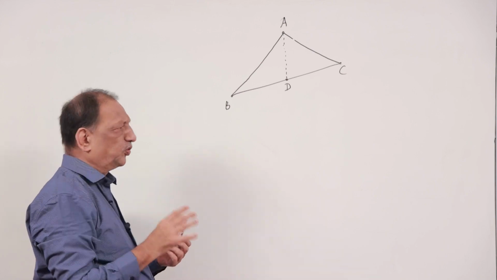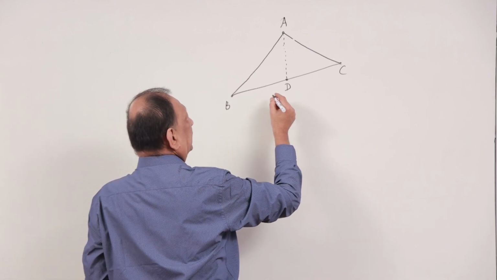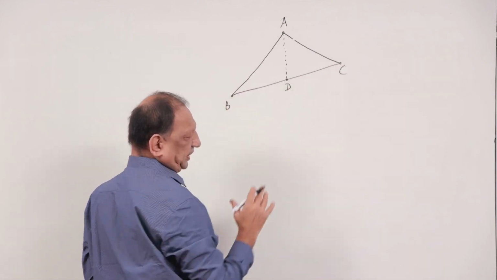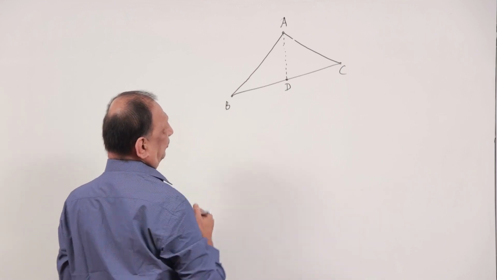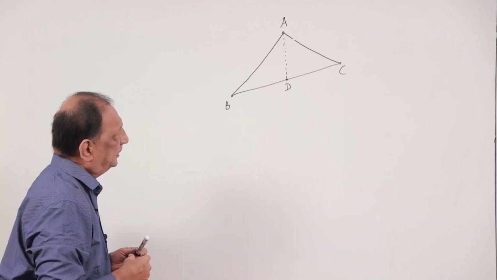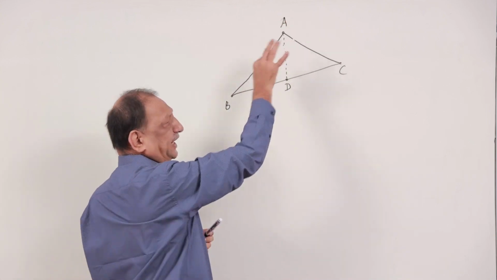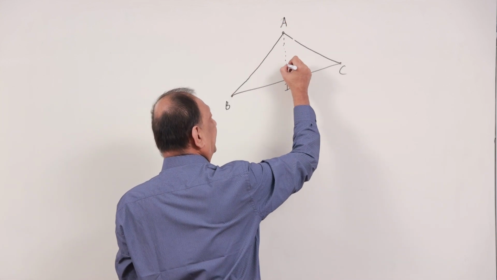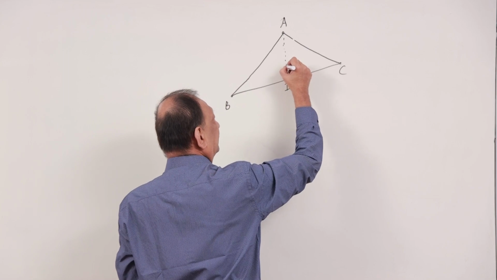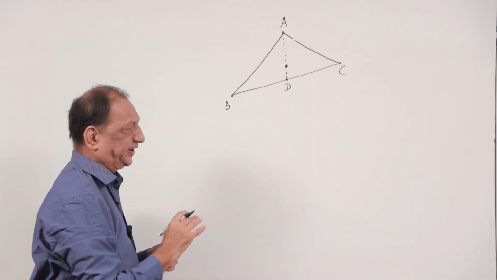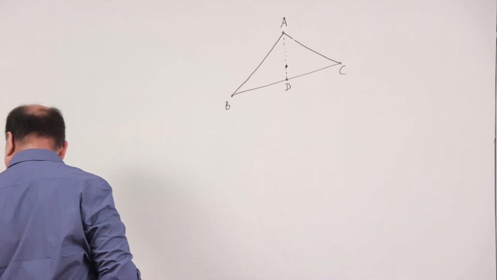So what we need to do now is the other medians, the other two medians. We got two other medians, one from B and one from C. Even if we take one of those medians, that is going to intersect this median at one point, no? So I am interested in a point on AD, actually speaking. And how do I reach the point?